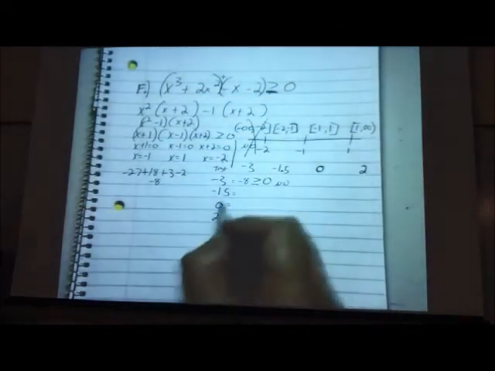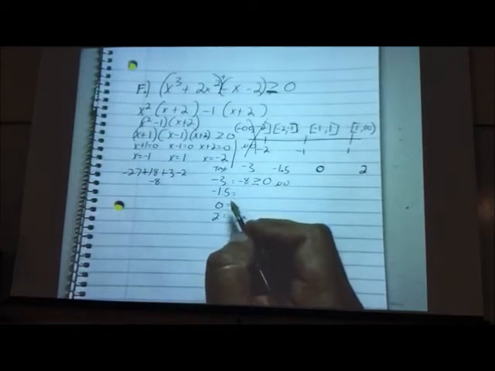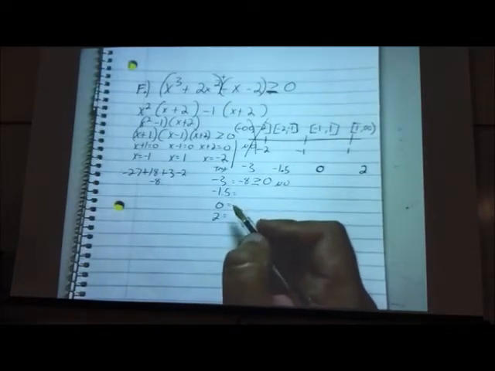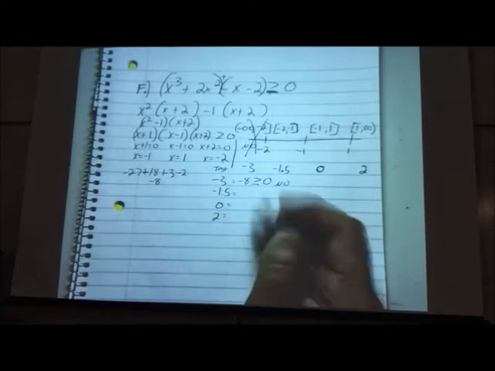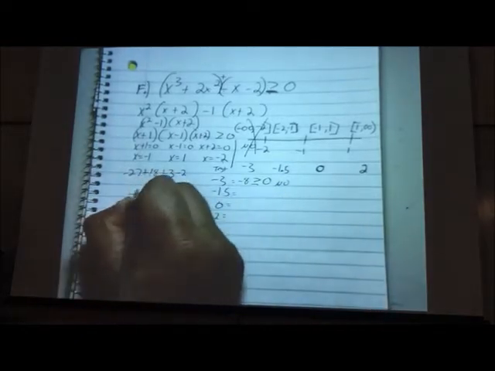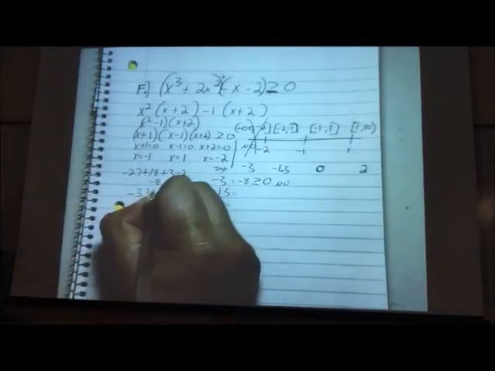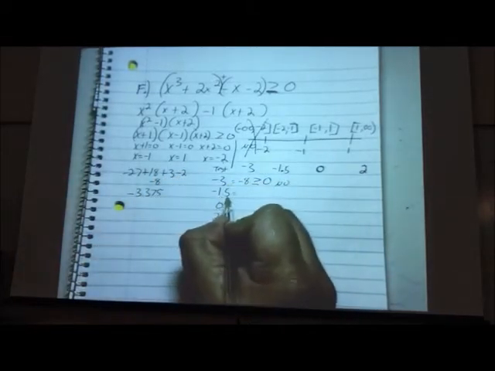Now we're going to do the 1.5. 1.5 times 1.5 times 1.5 comes out to 3.375. Keep in mind when you multiply a negative times a negative, it's a positive, times a negative, it's a negative. So we get negative 3.375. And then we're going to multiply 1.5 times 1.5 times 2.